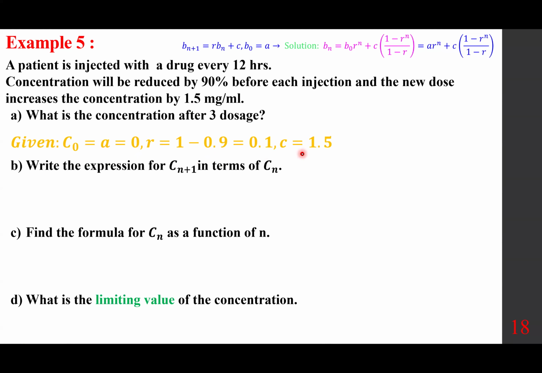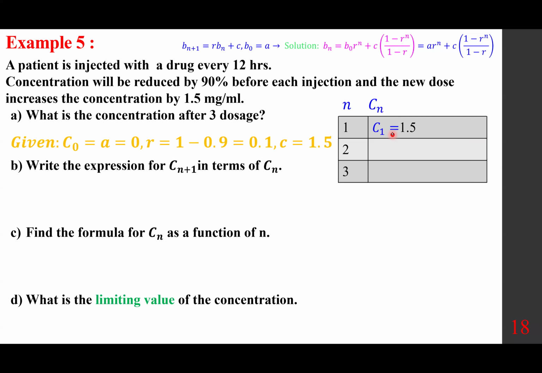So what is the concentration after 3 dosages? I want to go with the table and show you that if n is 1, we get, of course, 1.5. If n is 2, remember, 10% of this one remains.